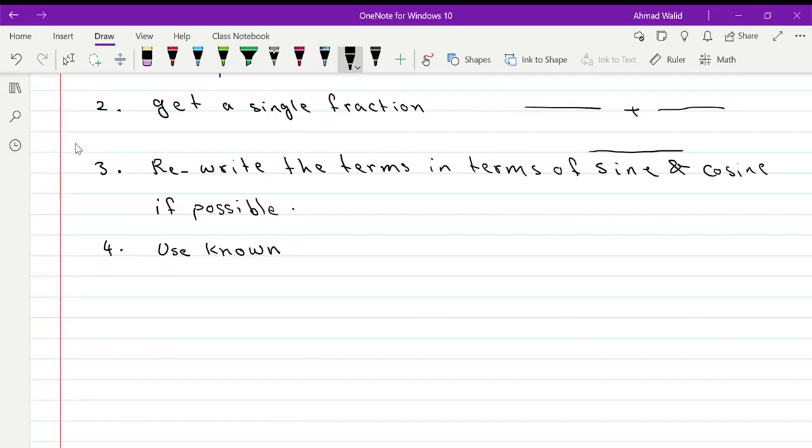Use known identities. And in your step 5, always try to work, I can say 98% of the time, try to work on just one side.